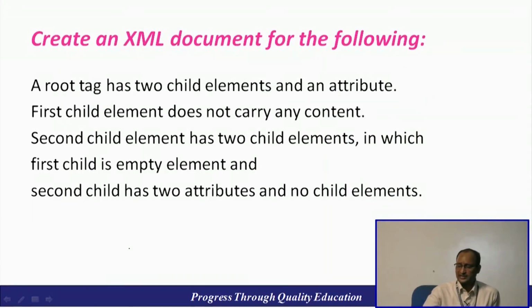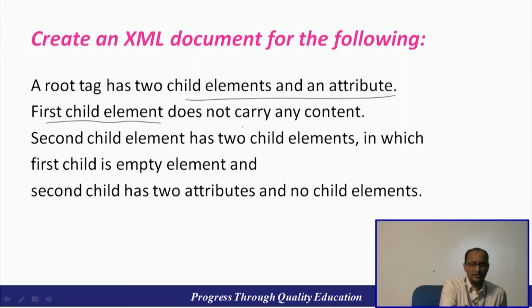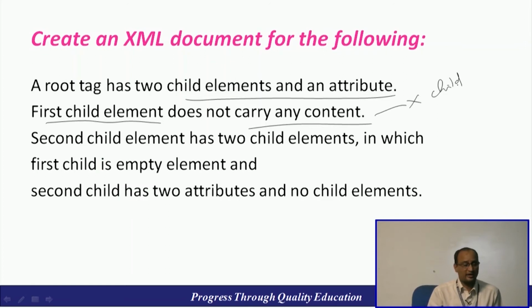One important example I would like to have: the root tag has two child elements and an attribute. The first child element does not carry any content, which means there is no child, there is no subchild.